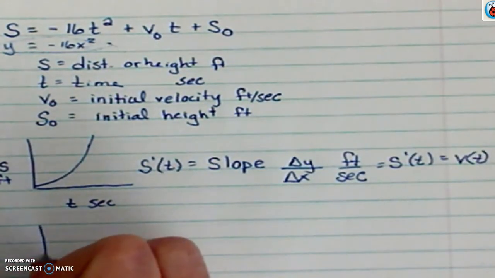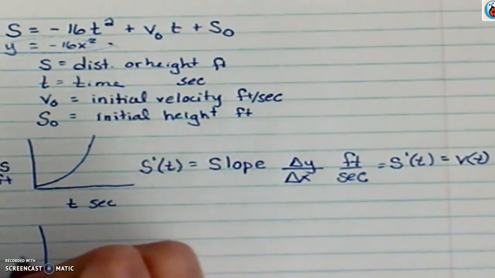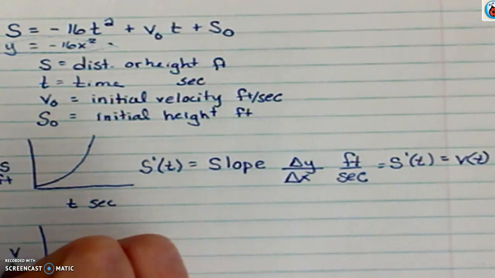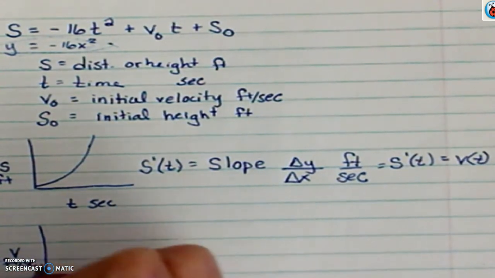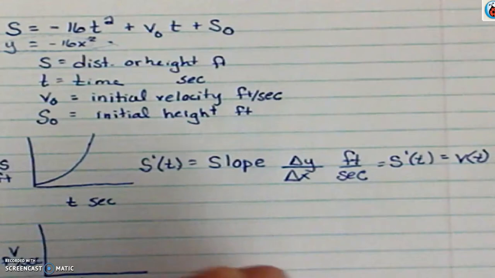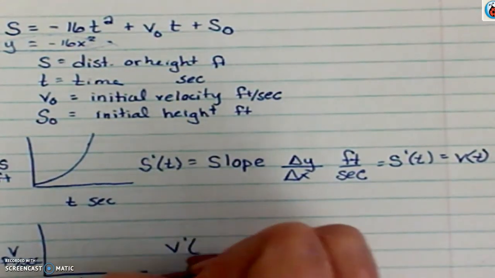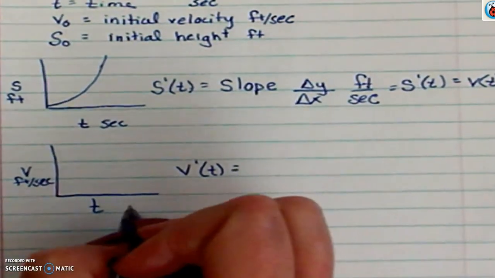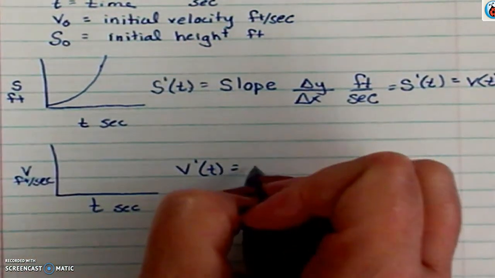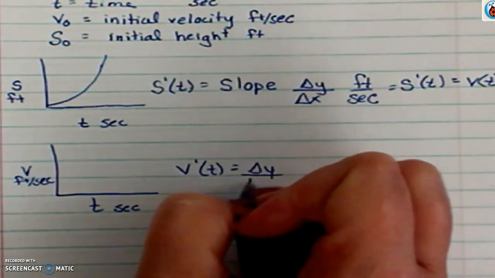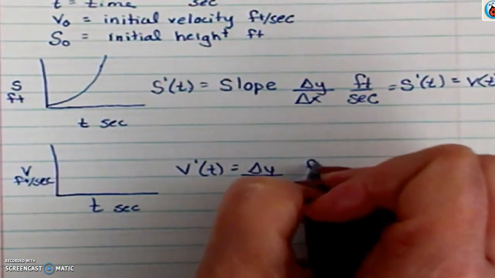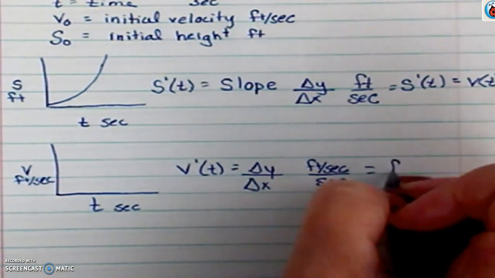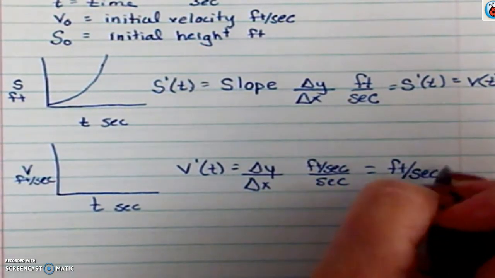Now what happens if I do the second derivative? Here we have velocity, which is in feet per second, and we're going to compare that to time. So if I take the first derivative of velocity and I look at that graph, your units are going to be the change in y over the change in x, which is feet per second, and that's something that they look at as feet per second squared.